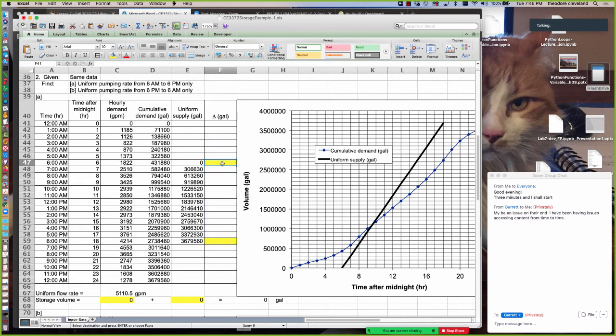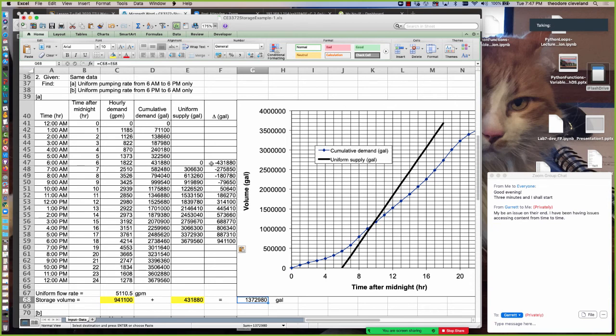Oops. And the total required is now 1.3 million gallons.